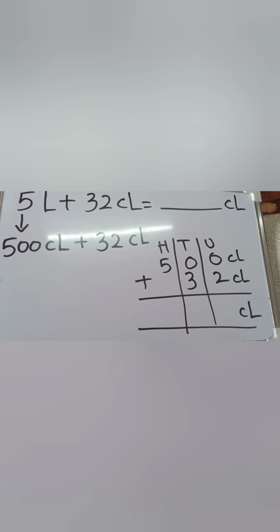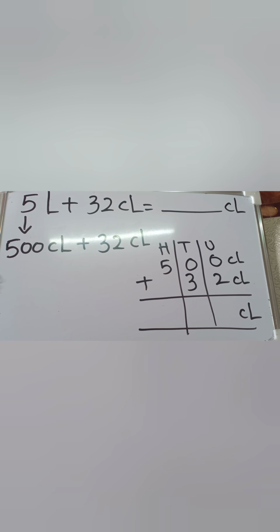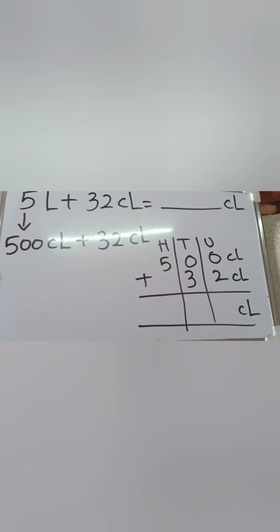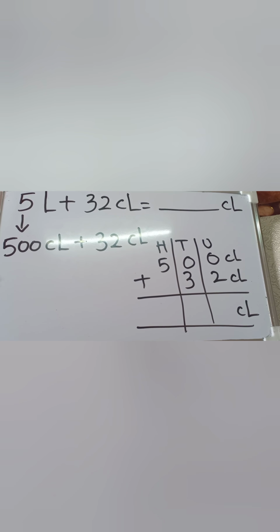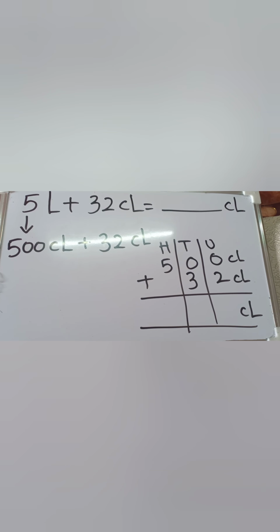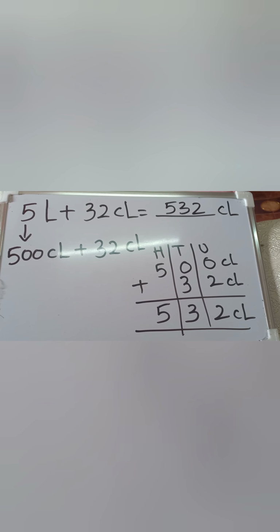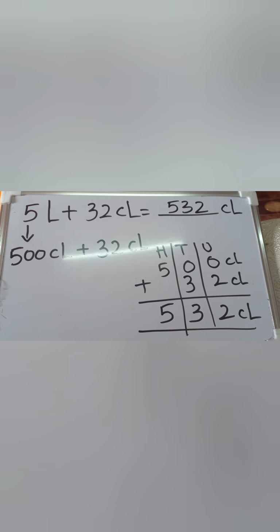You draw the columns, you work it out. Units column 0 plus 2, 2. Tens column 0 plus 3, 3. Hundreds column 5 plus 0, 5. 5 liters plus 32 centiliters is equal to 532 centiliters.